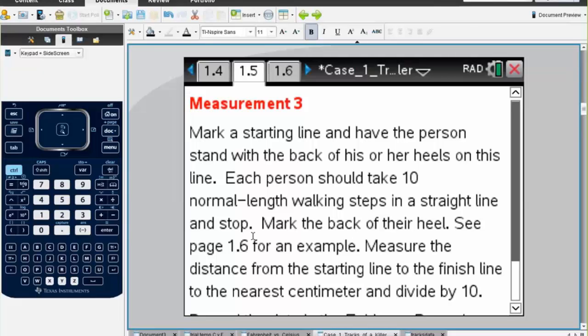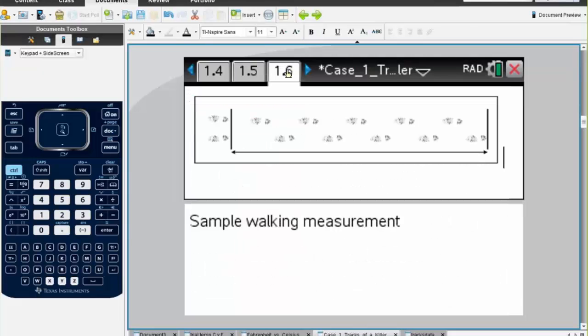They're taking 10 steps, measuring that distance, dividing by 10, so you get the average stride length. And that's a good point of discussion with students of why don't you just take one step and measure that, and how you'll have students that will try and take the biggest step they can possibly take. It shows them the diagram, so the person starting here, taking their 10 steps, and that's where you're measuring to.